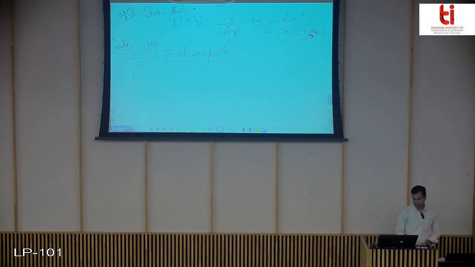The first condition for choosing the path, which can be a curve, a line or anything, is that it should pass through the given point. The point you have been given, about which you have to check the limit, the path should cross through that point.